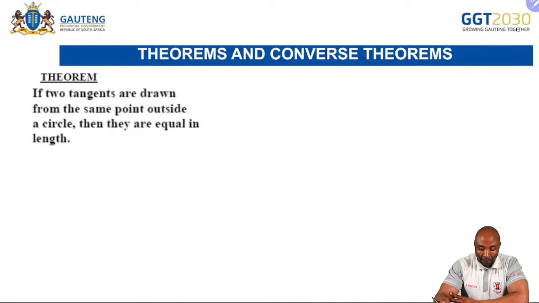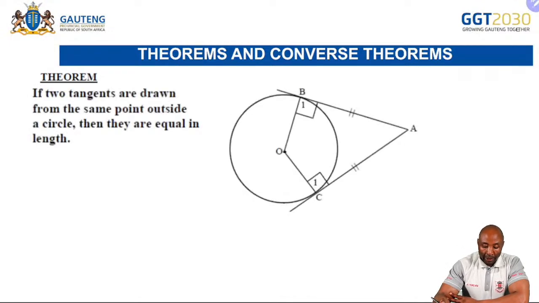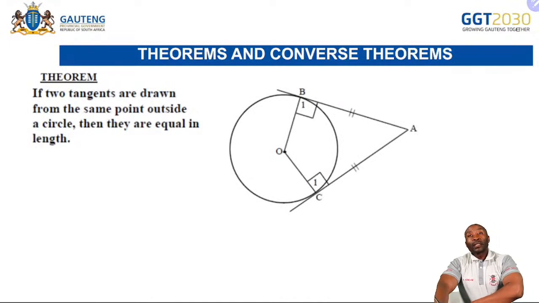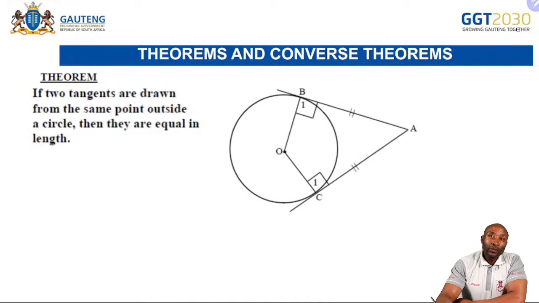We move along. We know that if two tangents are drawn from the same point outside the circle, then the two tangents will be equal in length. And we also know that the angles they form will be 90 degrees when you join that to the center and you form a shape which is a quadrilateral.